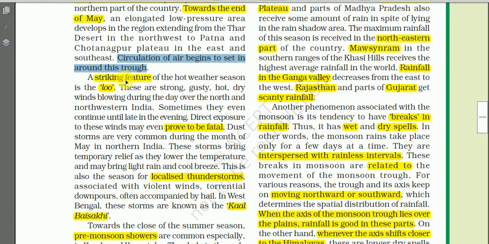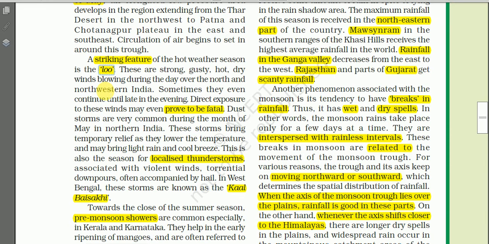A striking feature of the hot weather season is lu. I think you may be familiar with this term. This is one of the most important characteristic features of the hot weather season. What is lu? Actually, lu is a local wind. These are very strong, gusty, hot, dry winds blowing during the day over north and northwestern India.